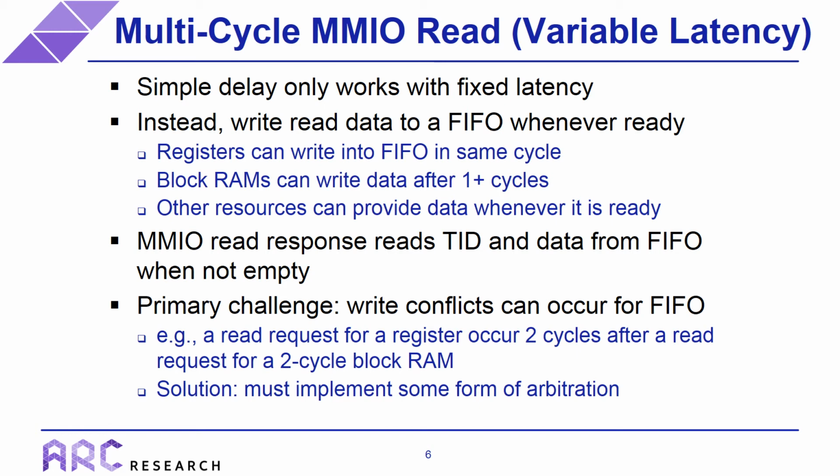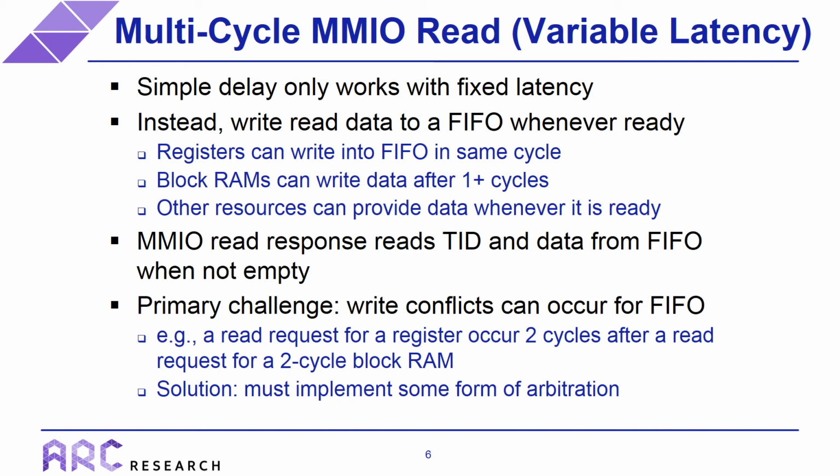Now, there's a challenge with this though, because of the different timings between each type of resource. You may have write conflicts for the FIFO. For example, if you have a block RAM read request that happens at one cycle, and then 2 cycles later you have a read request for a register, it's possible for both of those resources, the register and the block RAM, to want to provide their data to the write port of this FIFO at the same time.